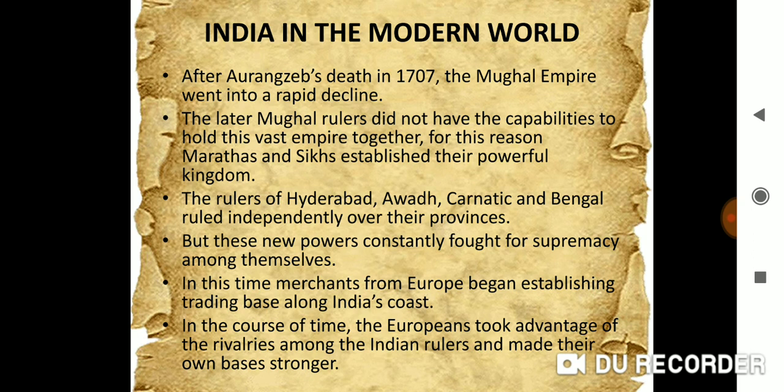Because they fought for supremacy among themselves. They were fighting among themselves. And Europeans took advantage of the rivalries among the Indian rulers. The Europeans took the opportunity of the rivalries among these Indian rulers, and they made their own bases stronger. Slowly, they started making their bases even stronger.